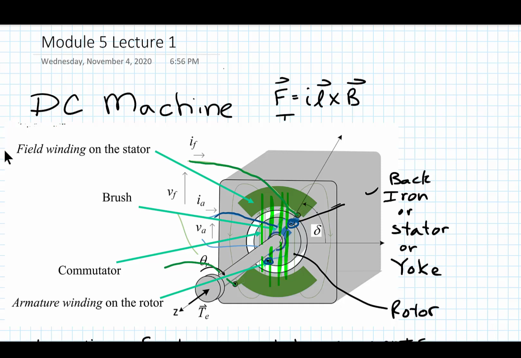And then from that, the torque, which is the translation of the force into the rotational domain, starting from the center of the axis out to wherever this armature winding is. So we would be doing another cross product there with force to get a torque.